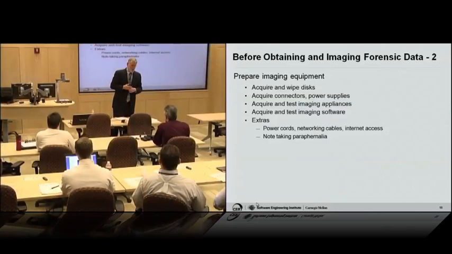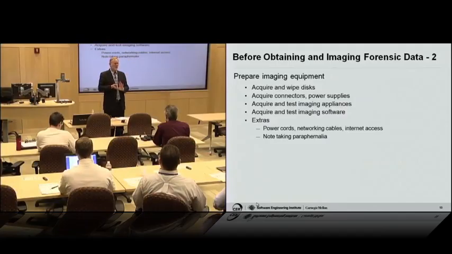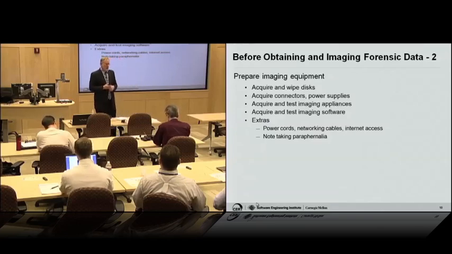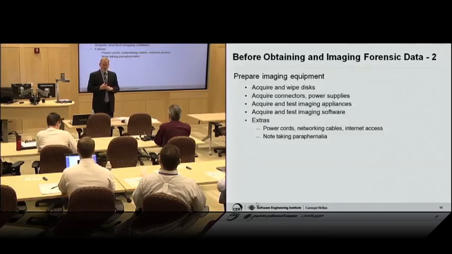Those disks need to be, again, you've seen the CSI shows, you've seen them clean all their equipment between cases for cross-contamination issues. There's nothing new here, it's just computer stuff. So the same issues: I need wiped disks so that I don't have cross-contamination from any other source. I need to be able to connect those disks onto the systems I'm looking at, so I need an array of connectors, power supplies.